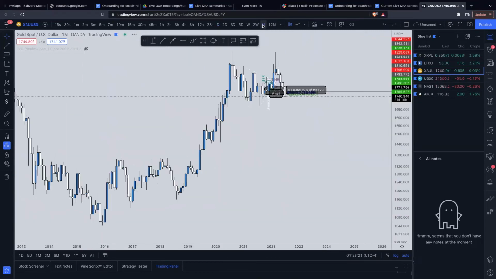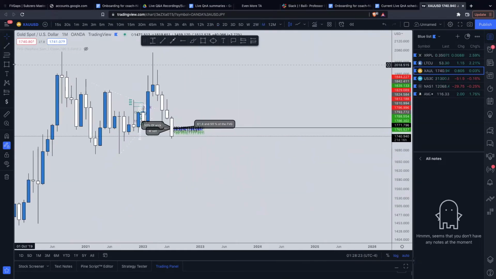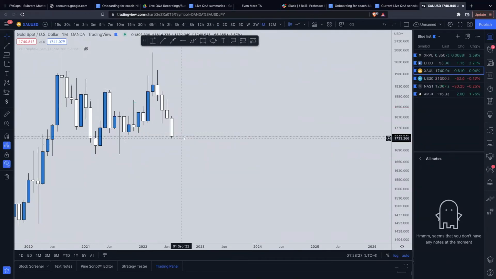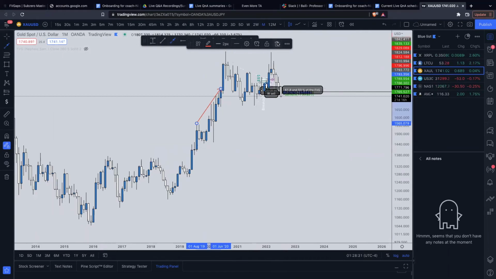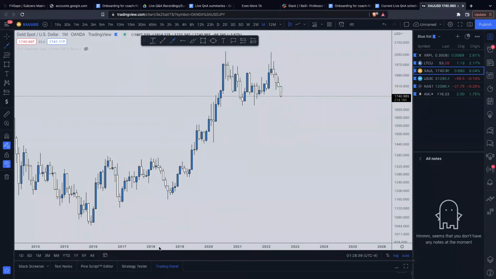If we start, always starting at the monthly time frame, I'm going to go ahead and hide my drawings so that we can see a clear chart. And I'll see if I can annotate this zoom a little bit better. All right, so we had this huge move up and price kind of just going like this.